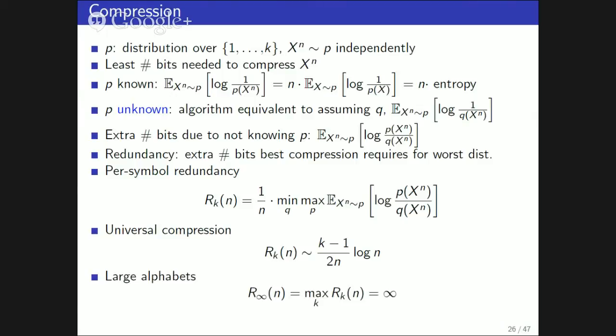For large alphabets, if there's no limit on the alphabet size, it's going to be infinity. Otherwise, it can grow linearly with the alphabet. So in some sense it's impossible: if you want to compress a sequence and the alphabet size is large, you'll incur a very high penalty.